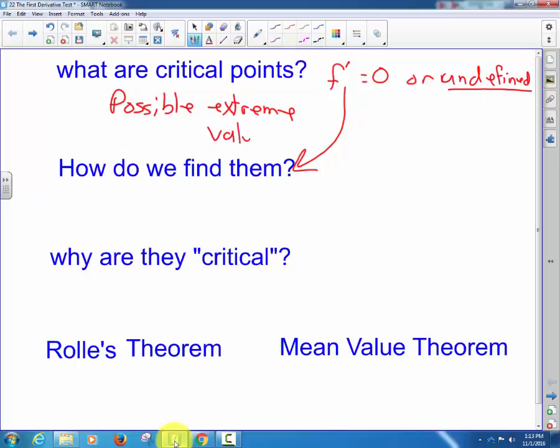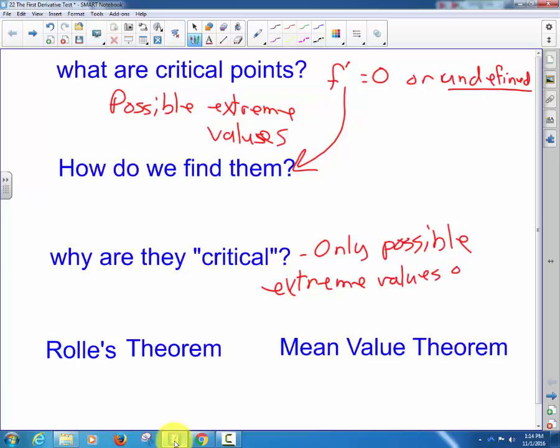They are not guaranteed to be extreme values, but they are possible extreme values. That's also why they're critical. They are the only possible extreme values other than endpoints.